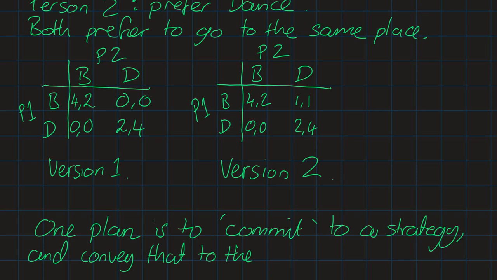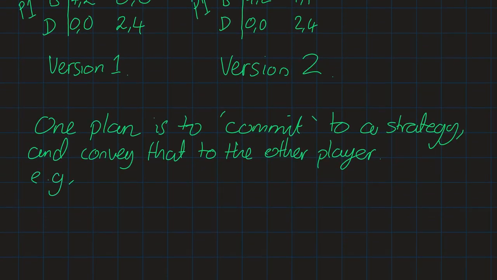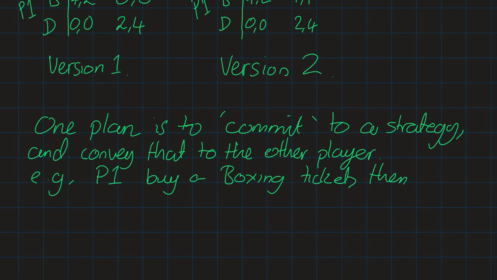Well, the opponent is like your partner in this, like your wife or your husband or your partner. So one strategy is to commit and to convey that to the opponent or the other player. And what I mean by this is, for example, player 1 could just buy a boxing ticket. Then tell player 2 that they have done so.